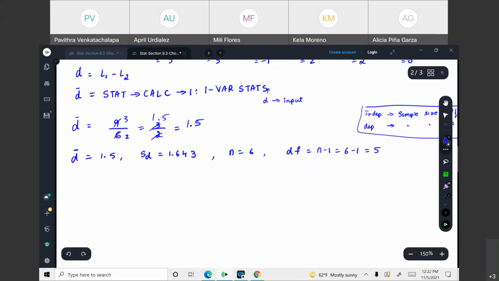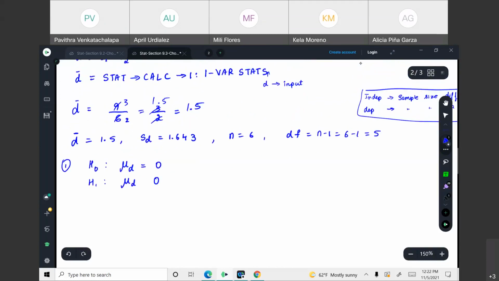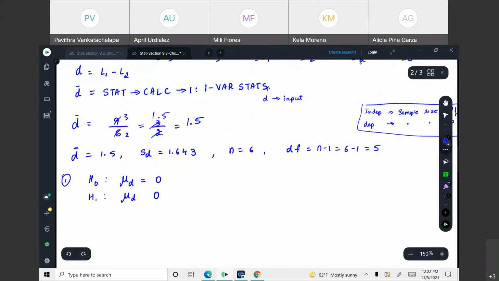Now once you get the basic data, you can go ahead and calculate or test the claim. The first step is to write your null hypothesis. H naught, that is mean of the difference, is equal to 0 always. And H1, mu of the difference, is not 0, but I do not know whether it is greater than, less than, or not equal to.